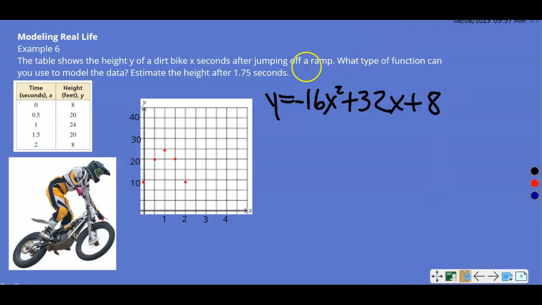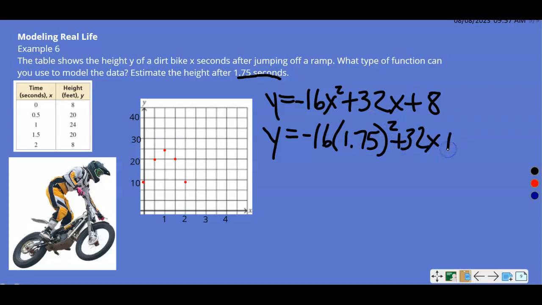All right, now that we have that, it says to estimate the height. Okay, the height is your y value. Estimate the y value after 1.75 seconds. This is your x value. So they're giving you an x value to plug in. So I'm going to have y equals negative 16 times 1.75 squared plus 32x plus 8.